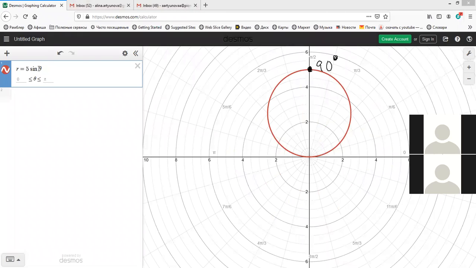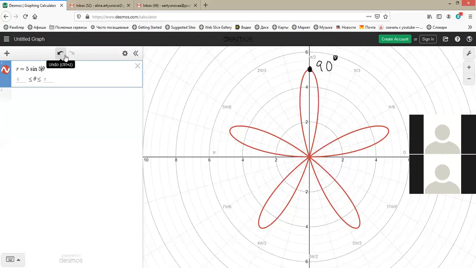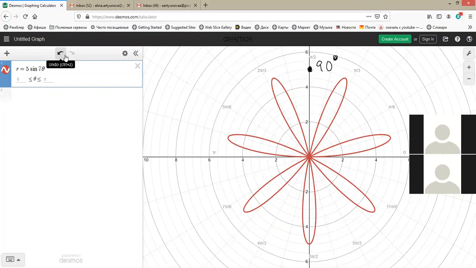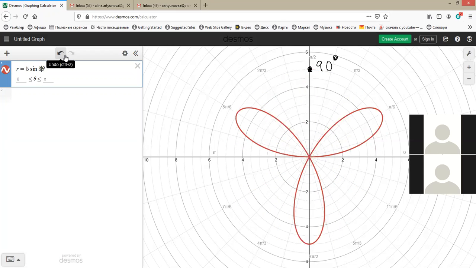Now let's try to graph sine of 3 theta, or sine of 5 theta, or 7, or 9. We can notice that the first petal doesn't start at 0, but where does it start and how to figure this out? Can anyone propose an idea of how to figure out where the first petal starts?